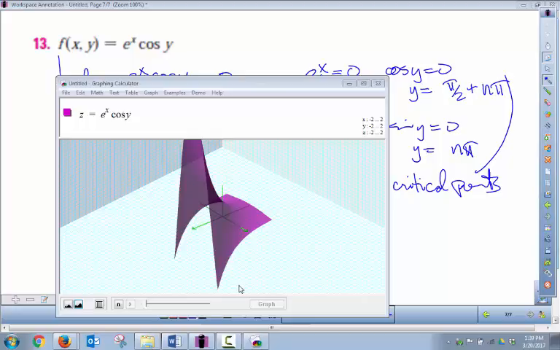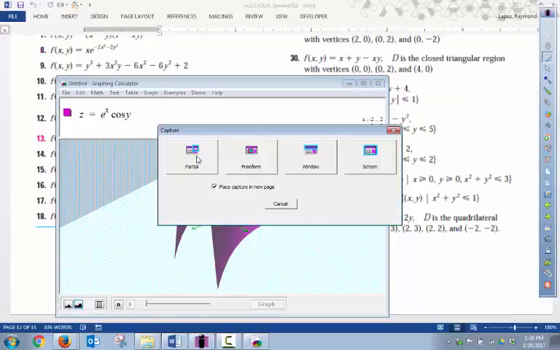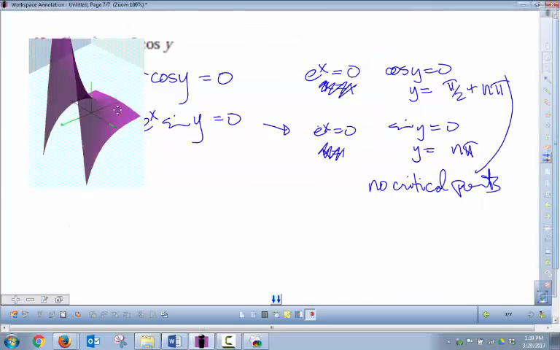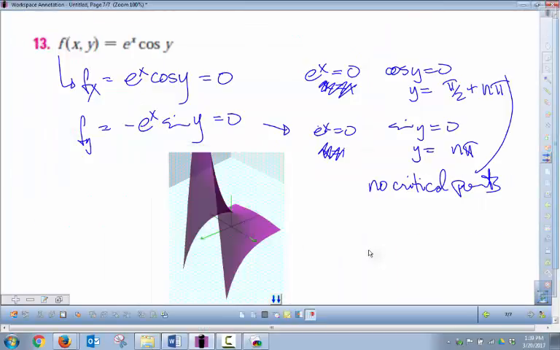Which plane is that? The yz plane? The z is going straight up. Oh, gotcha. So it looks like we have no critical points here.